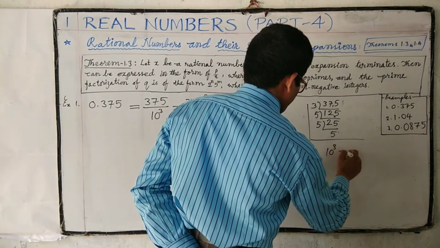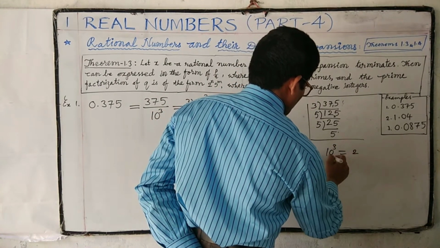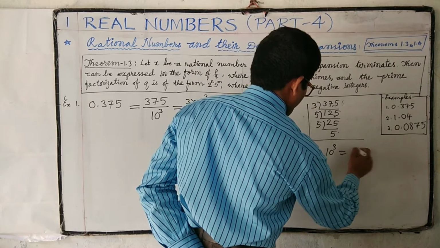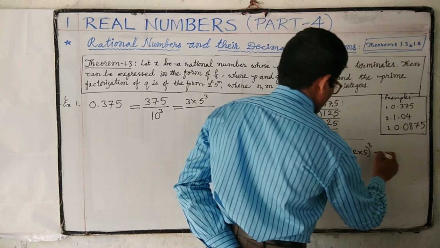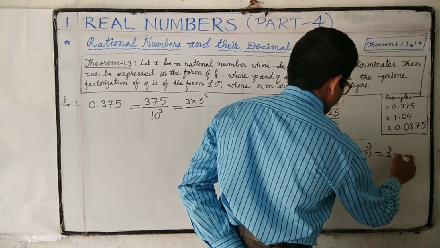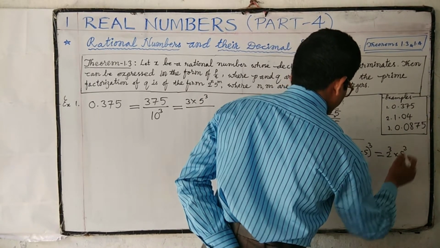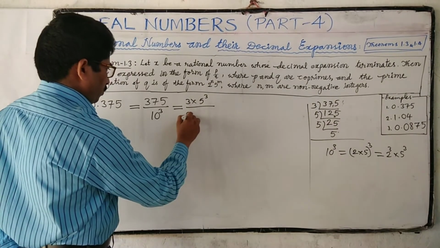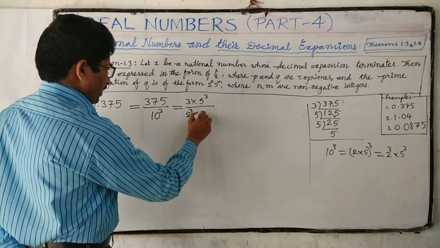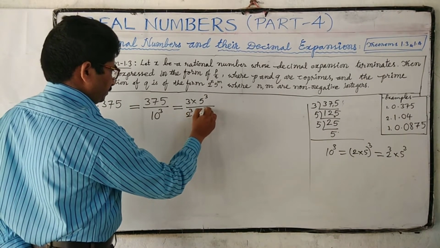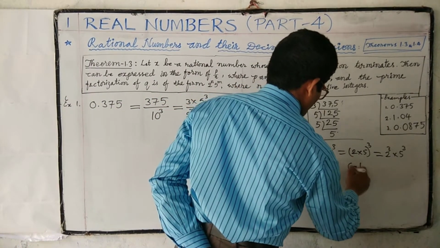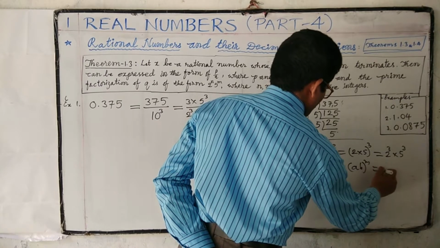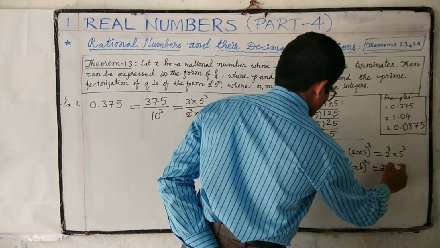Now 10 cube is equal to 2 into 5, whole to the power of 3, that is equal to 2 cube 5 cube. We know that (ab) to the power m is equal to a power m into b power m.